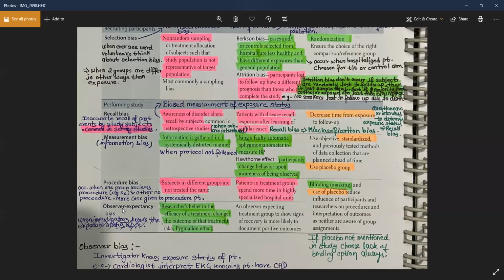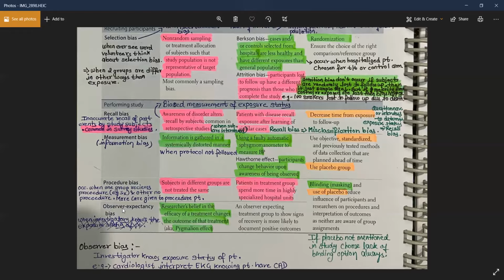So these 5 pathologists who are working in the same hospital as that of the patient will analyze the data more rapidly because they already know the exposure status of the patient. While those pathologists who are from a different hospital will analyze the data more slowly, right? Because they do not know the exposure status.